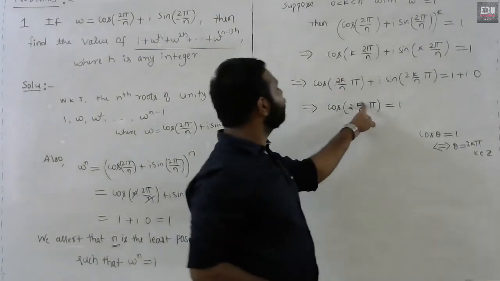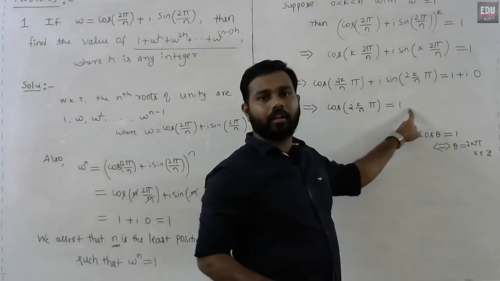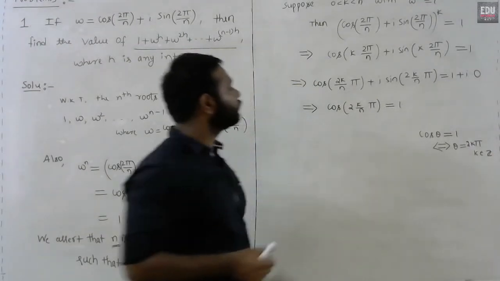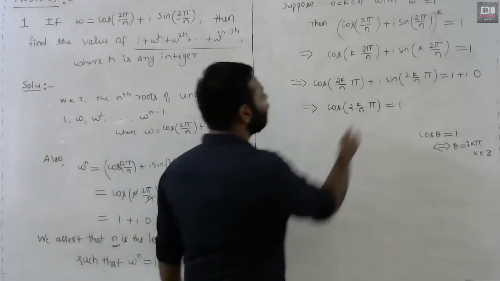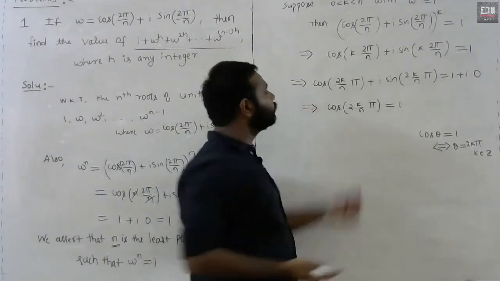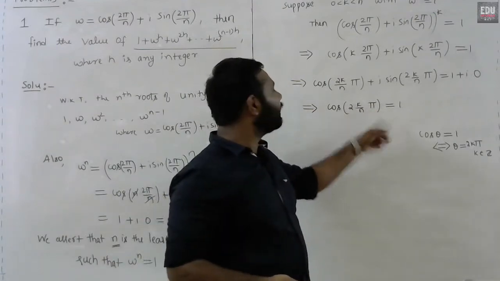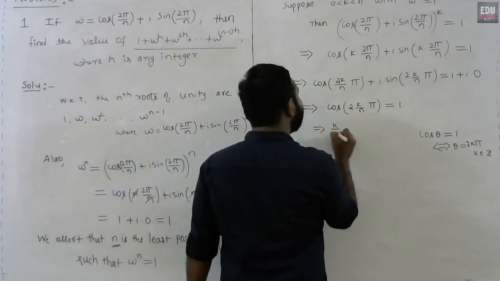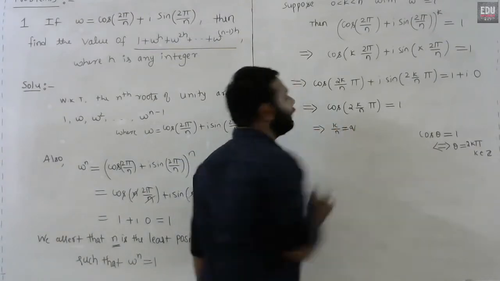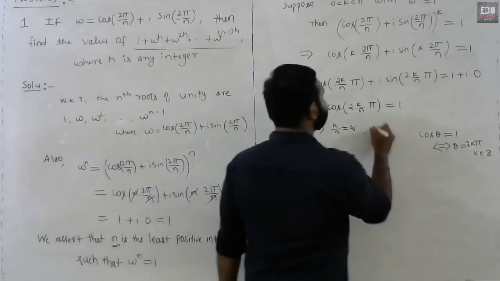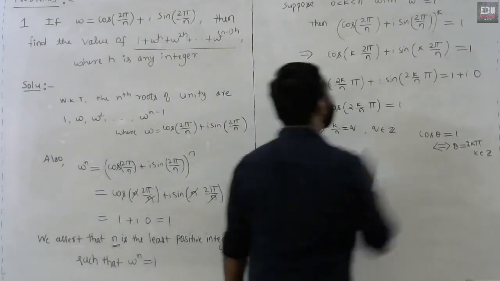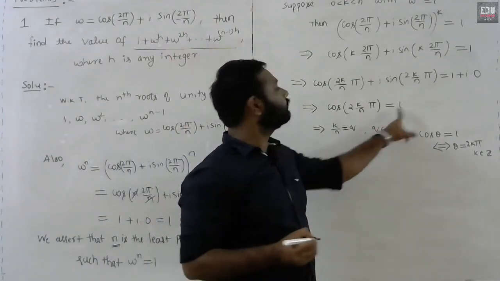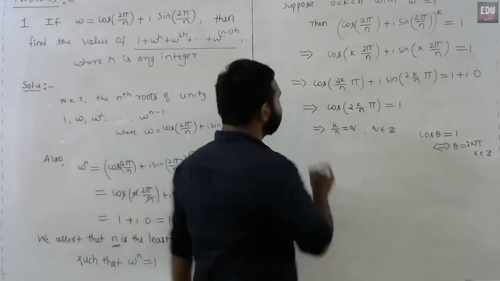So 2k by n pi has to be an even multiple of pi, which means 2 into k by n has to be an even integer, or k by n has to be an integer. Obviously it has to be an integer, otherwise cos of this value will not be equal to 1.